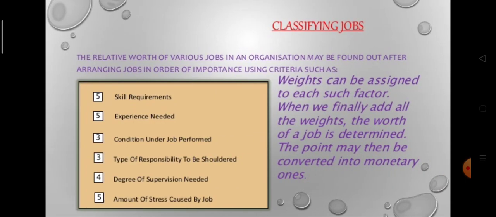Next one, selection of benchmark jobs. Benchmarking: the primary purpose of job evaluation is the development of pay grades for each category of jobs, right? That is called the benchmarks.